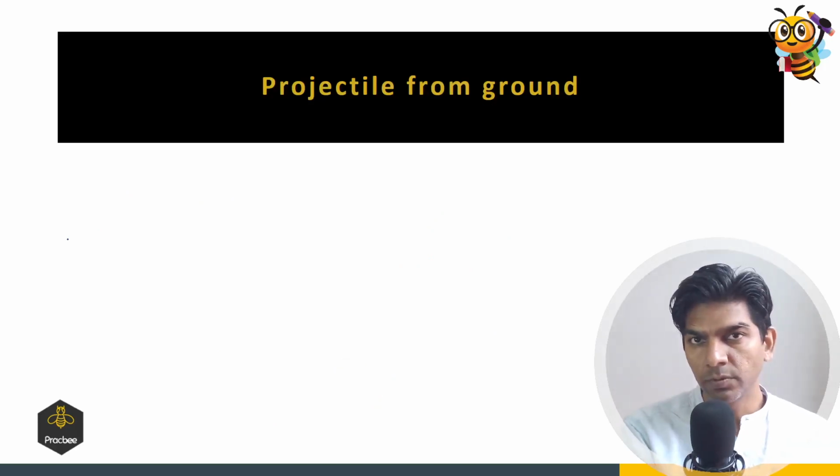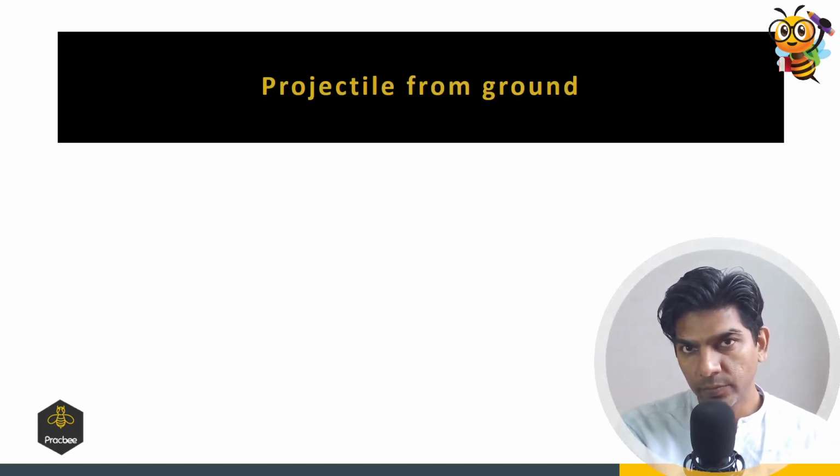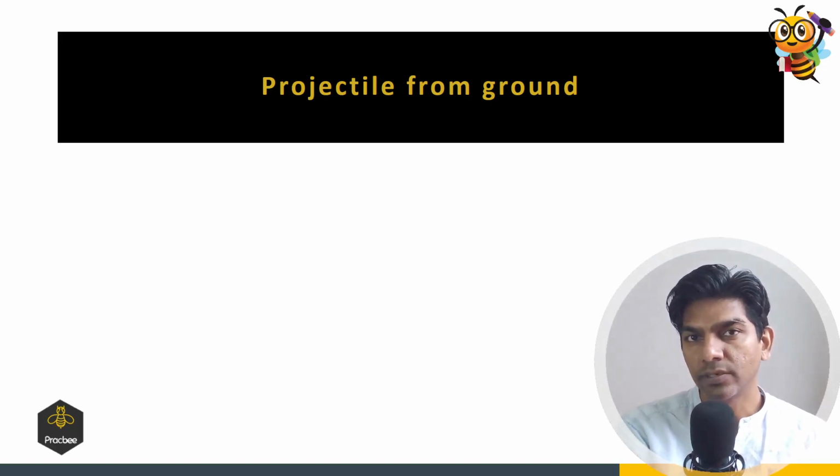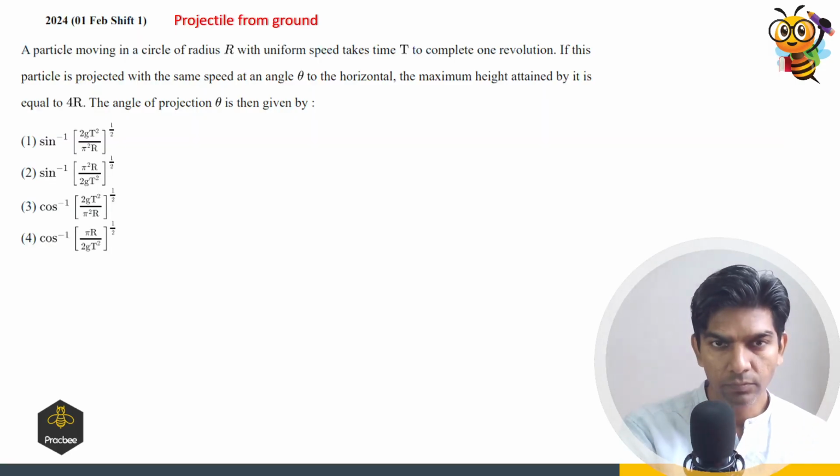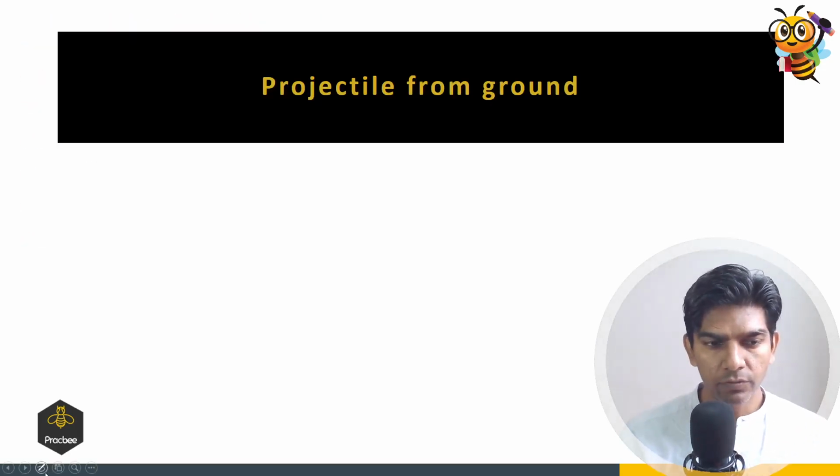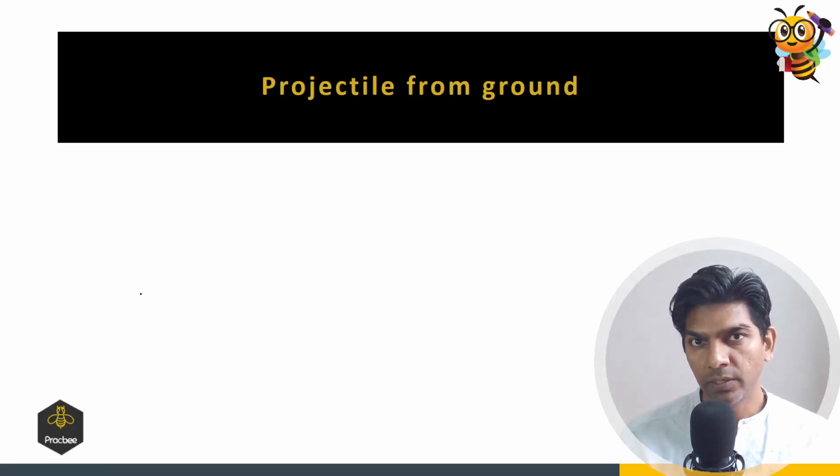Now let us see the next problem type, which is based on the projectile motion. So here first let us see the projectile from the ground. And let me quickly write down the important formulas that we have to keep in our mind.